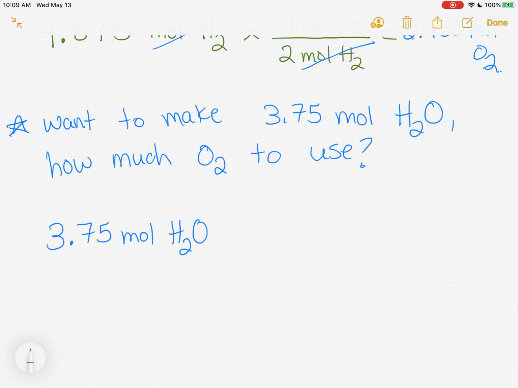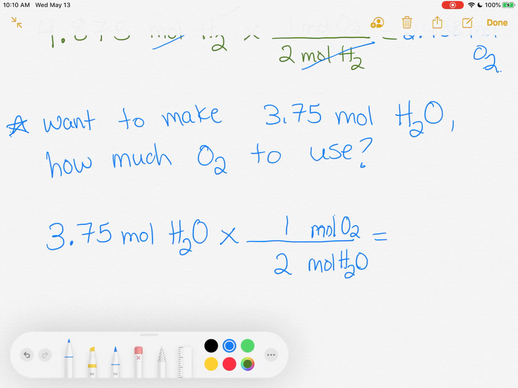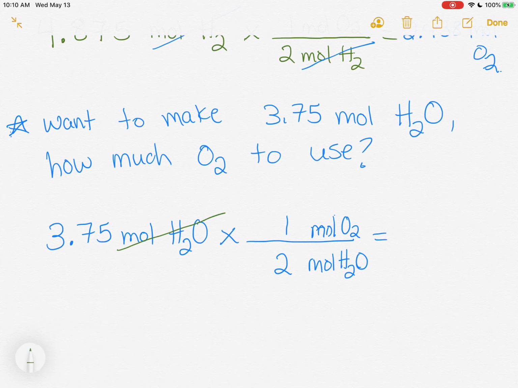So we're starting with our 3.75 moles of H2O, and we're going to multiply by a conversion factor. Now, because I want moles of oxygen, that is going to be on the top. And because I have moles of water, that is going to be on the bottom. And then I want to include that ratio from my balanced reaction. So from my balanced reaction, 1 mole of oxygen will give me 2 moles of water. So it happens to be the same ratio as oxygen to hydrogen.